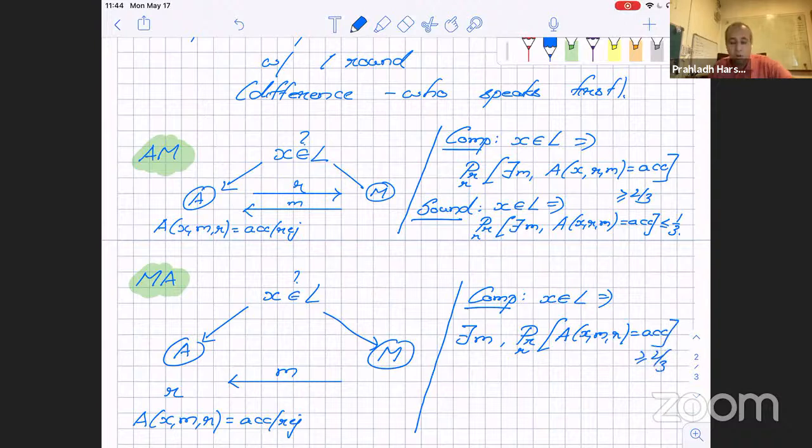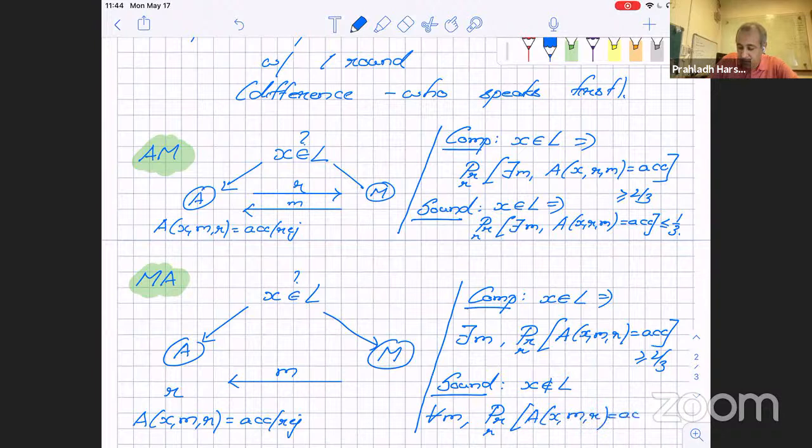Let's write soundness before I make any remarks. Soundness says if X is not in the language, then no matter which message Merlin sends, the probability over R that A(X, M, R) equals accept is less than 1/3.